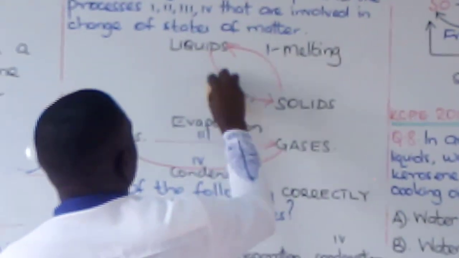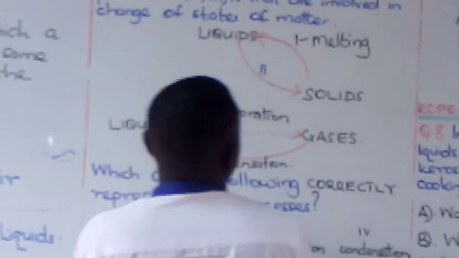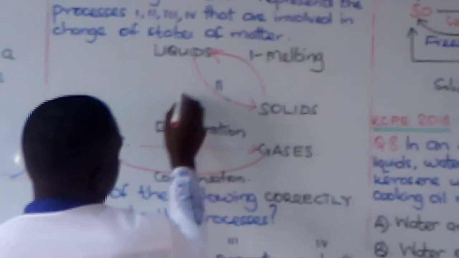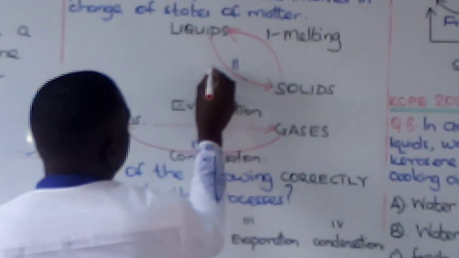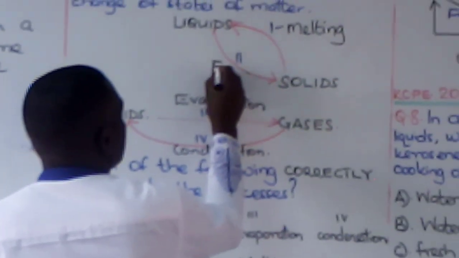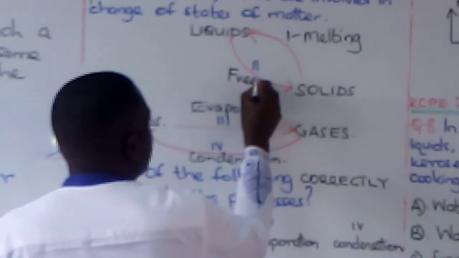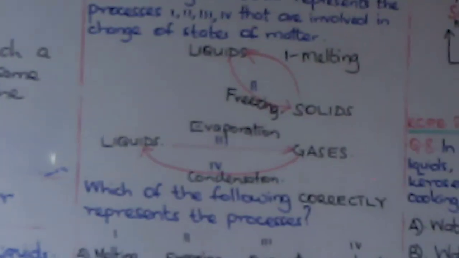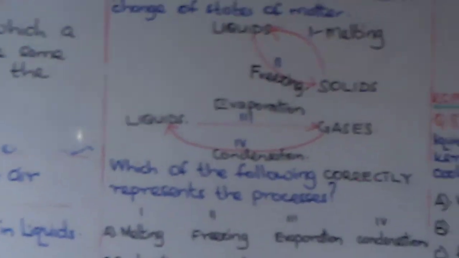Then, boys and girls, that becomes freezing. Correct. So number one is melting.